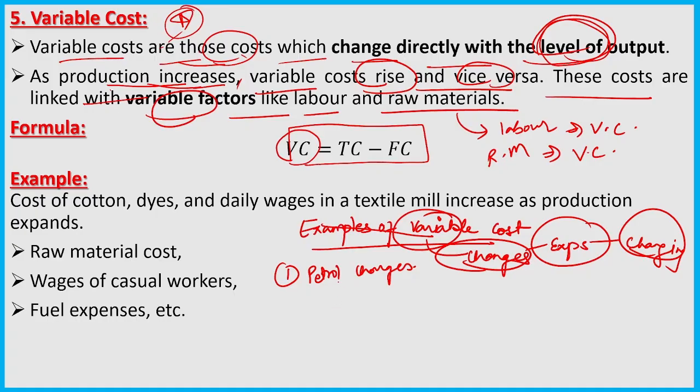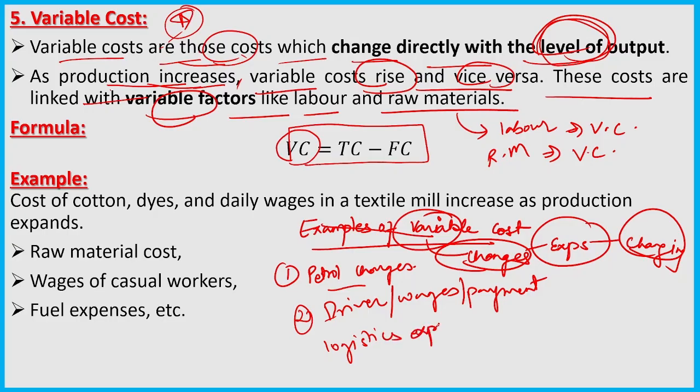But you will have to bear the transportation cost. You will have to give driver the salary, or you can say the wages, or you can say you will have to make payment to the driver. You will have to incur the logistics expenses, correct? You will have to give him the petrol charges. You will have to pay for the raw materials purchase, the one that you are buying from Pune to the Kandivali, right? And so many other such expenses.